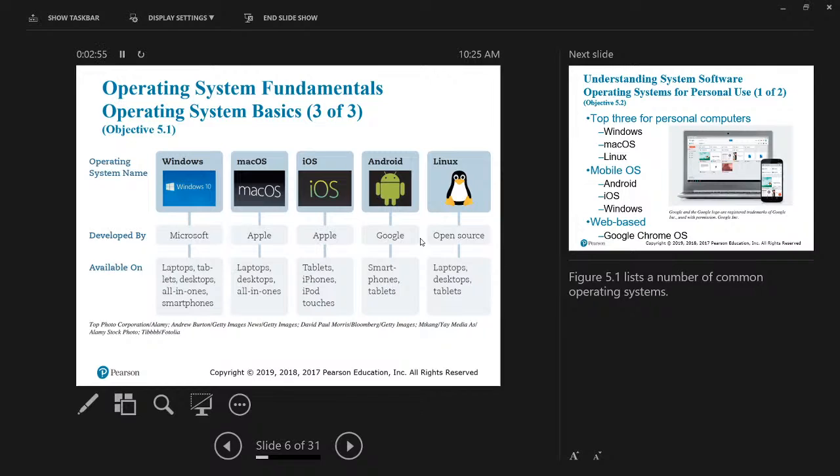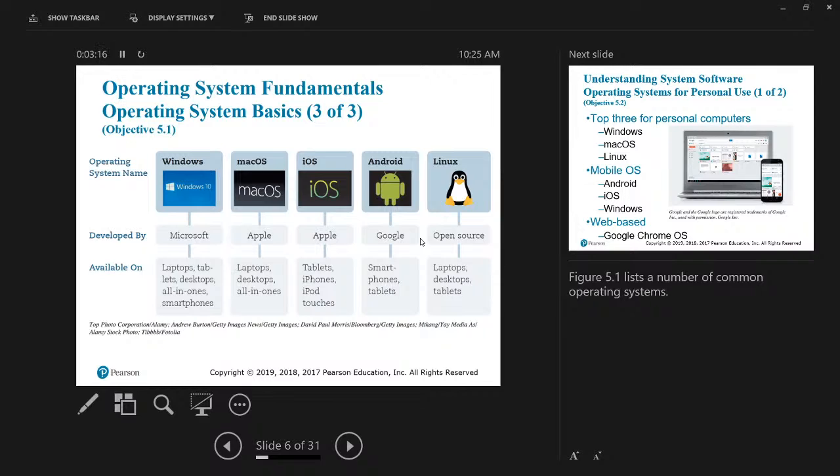Now, we have different types of operating systems. We have general purpose, we have real-time operating systems, we have server operating systems, and usually you want to make an operating system that's geared toward its task. So for Android and iOS, because these devices run on batteries, you want a battery-efficient operating system.